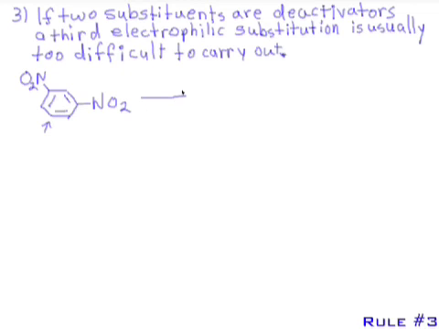If you hit this with HNO3 and H2SO4 and try to put on a third nitro group, you will get no reaction. And the reason is the two NO2 groups withdraw so much electron density from the ring that the electrophile nitronium ion, NO2+, just can't attack.